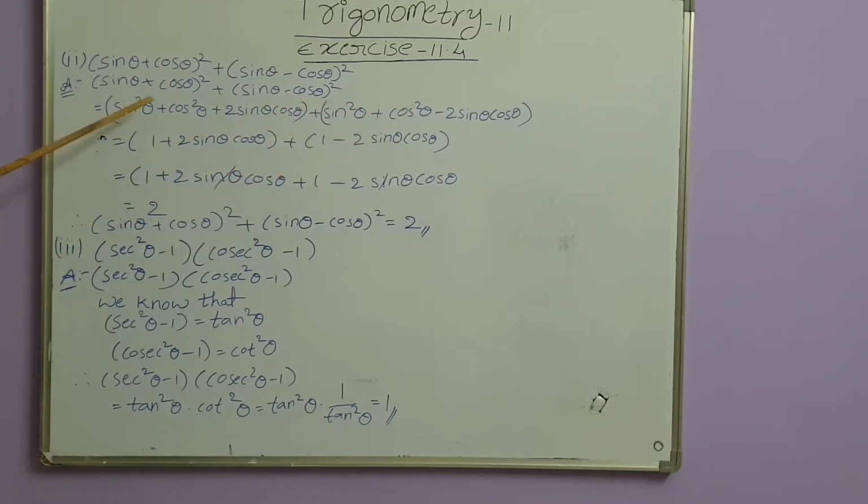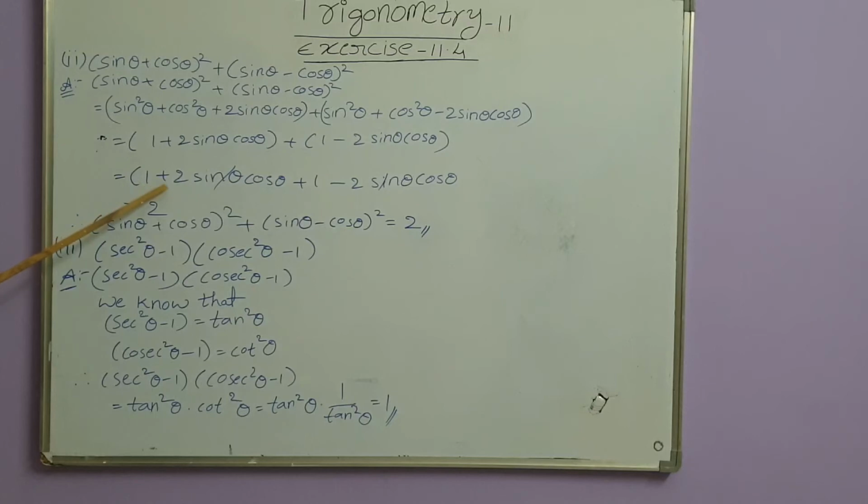Here sin square theta plus cos square theta value is 1. So substitute here, plus 2 sin theta into cos theta, plus sin square theta plus cos square theta value is 1, substitute here, minus 2 sin theta into cos theta.